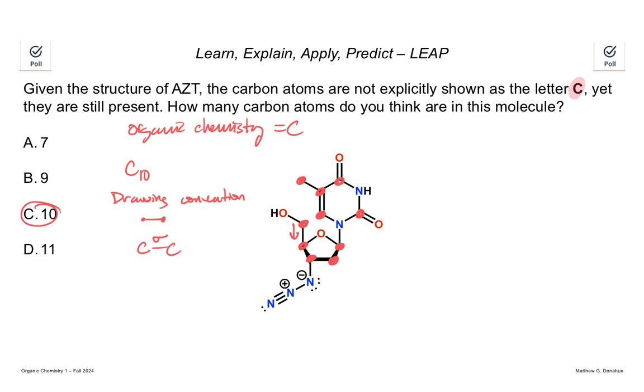What about 3 carbons? So C, C, C. So now we have 2 sigma bonds. And the way we would represent that is a line, so that would be 2 carbons, and then another line. So 1, 2, 3 carbons.